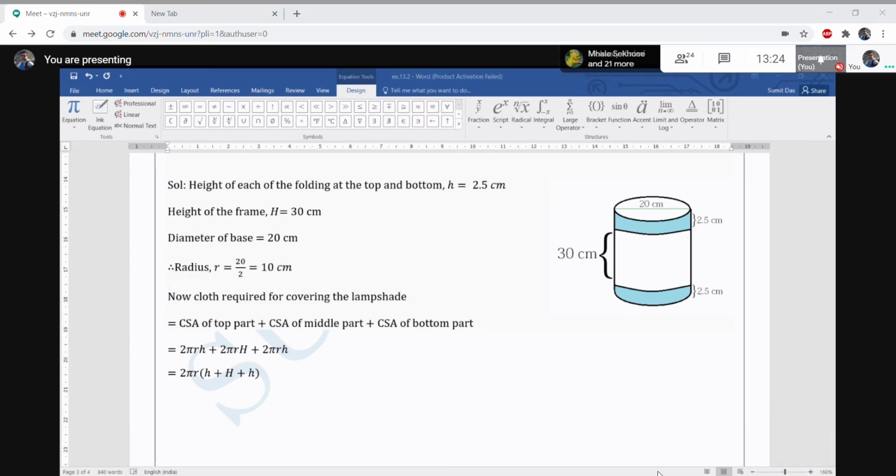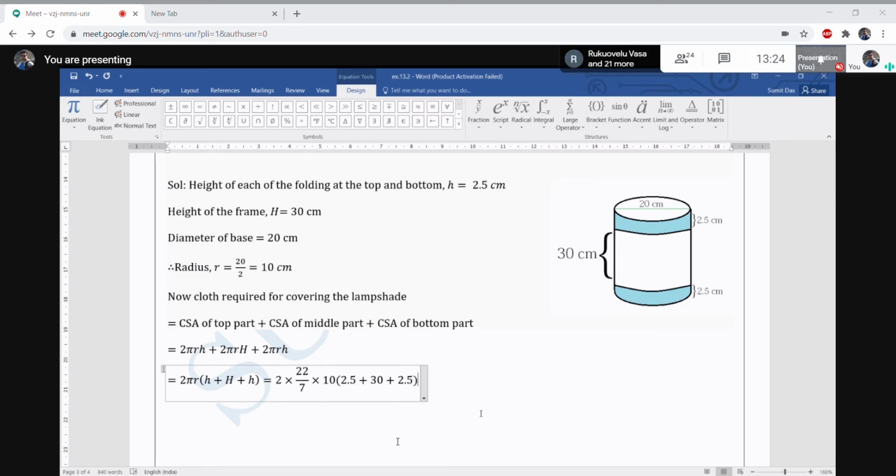Now we'll put the value: 2 into pi value 22 by 7, then r value is 10. Inside the bracket, it is 2.5 plus 30 plus 2.5.